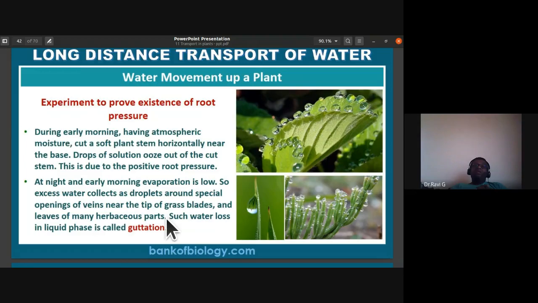That is the reason you don't see the water droplets being lost in the later part of the day when the evaporation rate is high. Water stomata is open throughout the day. There is no opening and closing mechanism in water stomata. You have to remember that also. The opening and closing occurs only in the stomata of the dicot leaf, you can notice that.